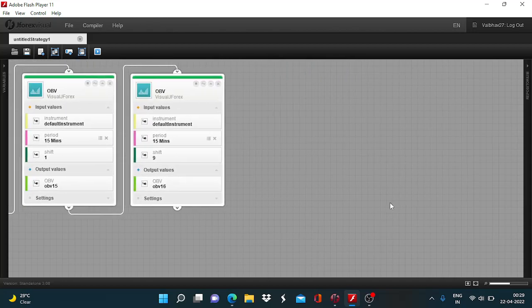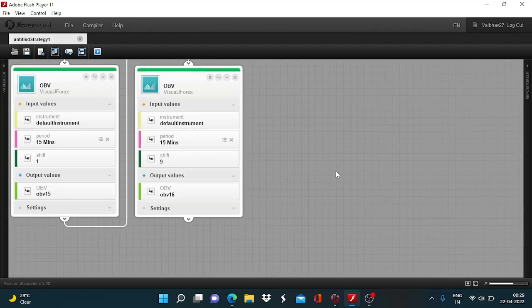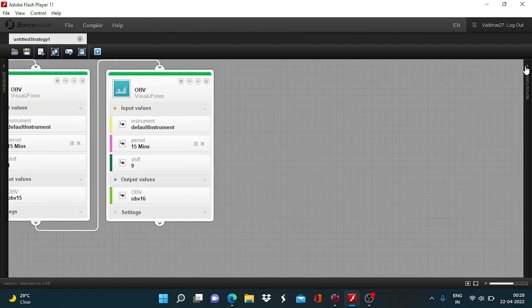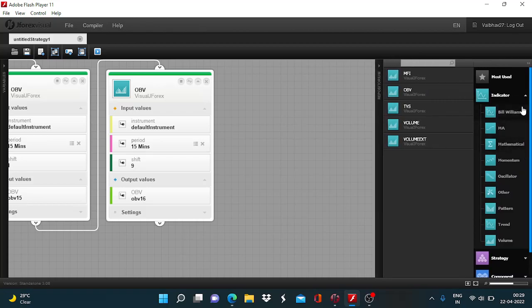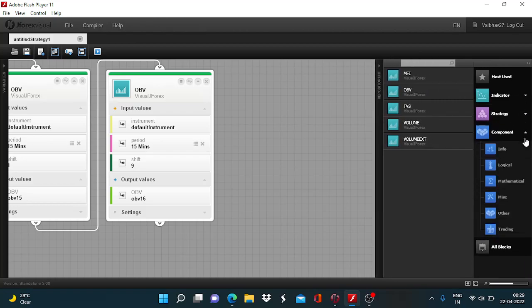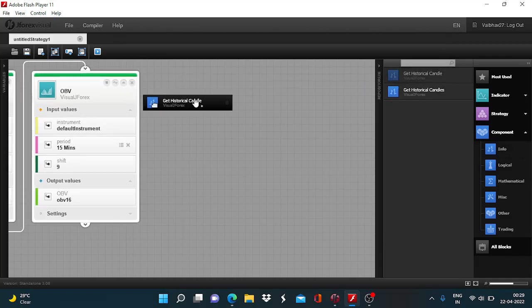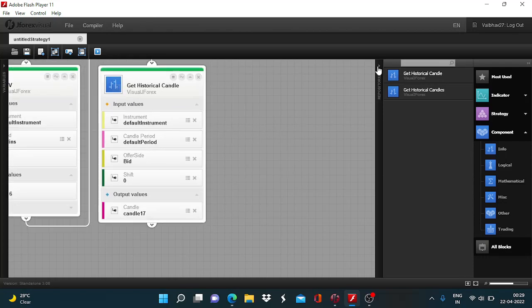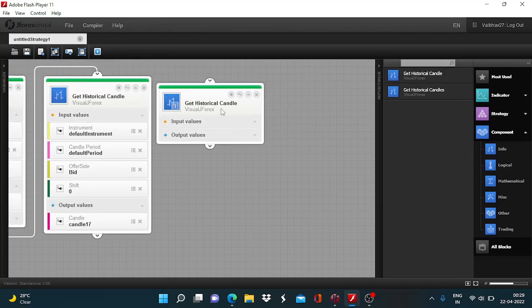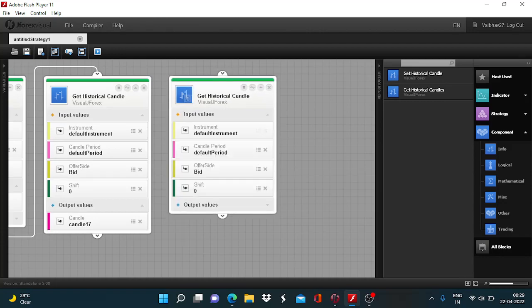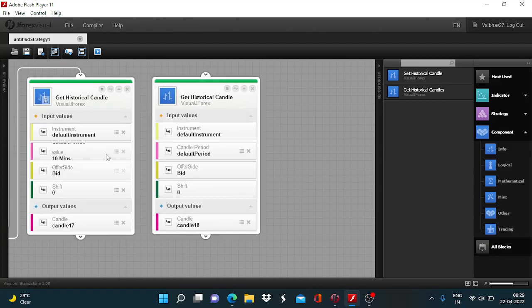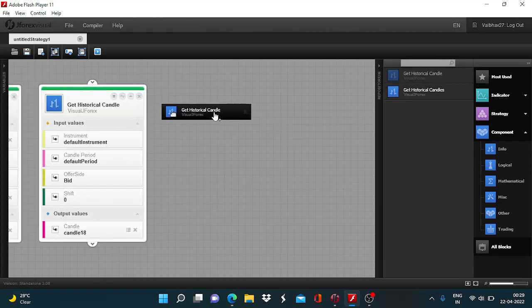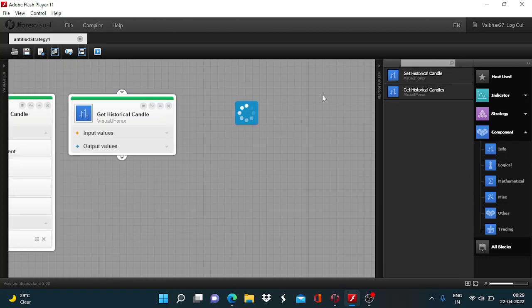And then we move on to the price action data. For that, we will utilize the historical candle formation. So we need info components now. Get historical candle. We are going to need 2 of 15 minutes and 2 of 10 seconds each. So I will add 4 of these blocks straight away.